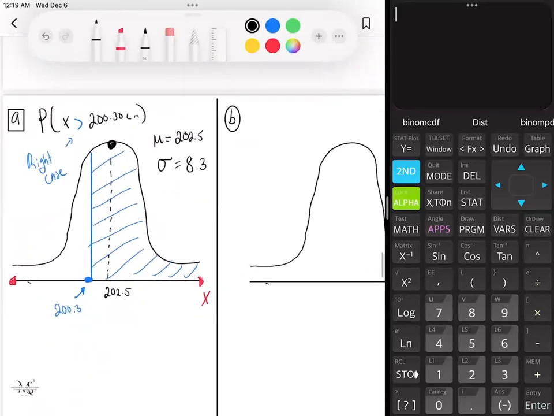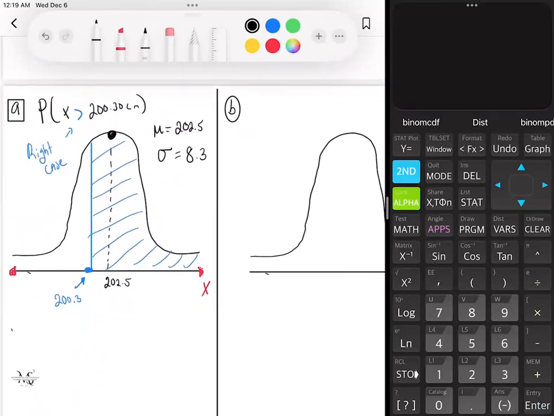So for us, our answer would be normal CDF of the value of x, 200.3, comma, nines repeating, followed by the mean, 202.5, followed by the standard deviation of 8.3. And I can enter this in my calculator and then round my answer to, let's say, 4 decimal places.